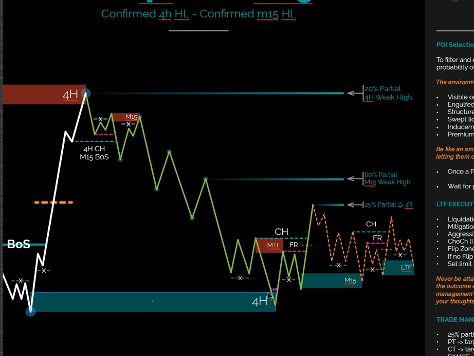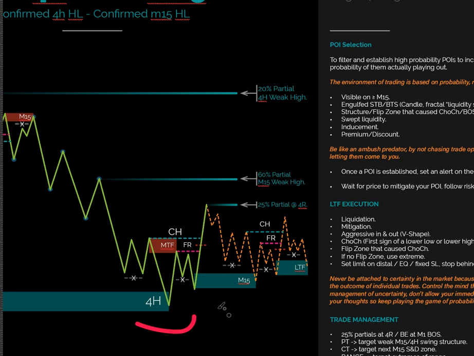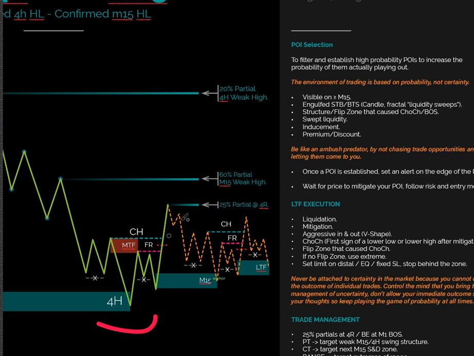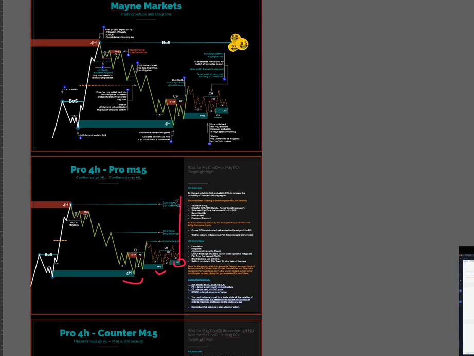Once the M15 came into the zone, we waited for structure to shift upwards to confirm the 4-hour low. Once the 4-hour low is confirmed, we look to confirm the M15 zone, right? By the M1 coming in, switching bullish, confirming the M15, and we pull the trigger on the M1, targeting the 4-hour.